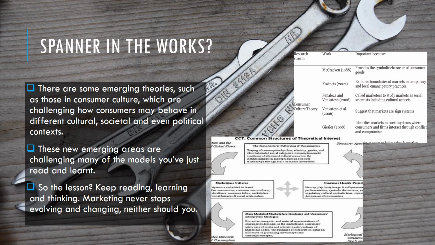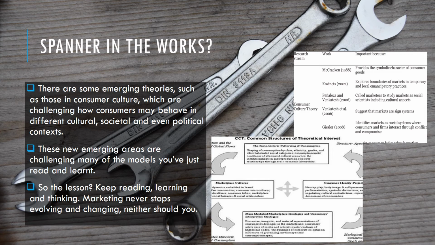Okay, there can be a spanner in the works though with some of this theory, and quite simply put, the spanner in the works are some emerging theories which come out to challenge the existing theories. And we have one here, and I talked about this just before, about theories which may be emerging and challenge what you already know or how you may know it.